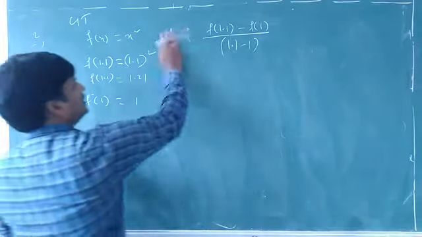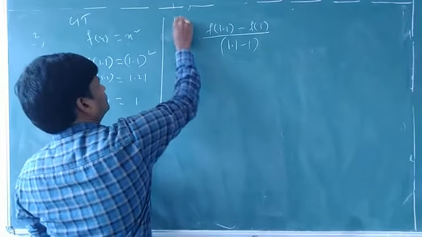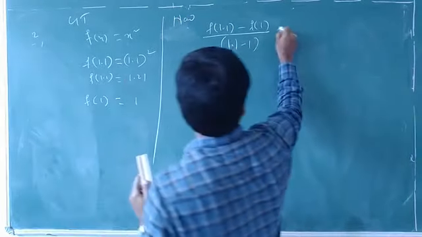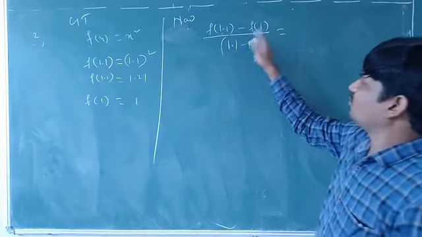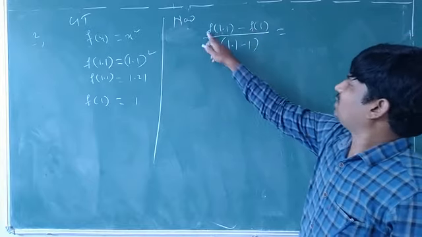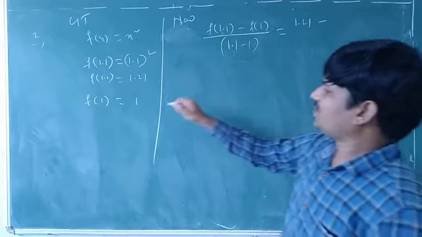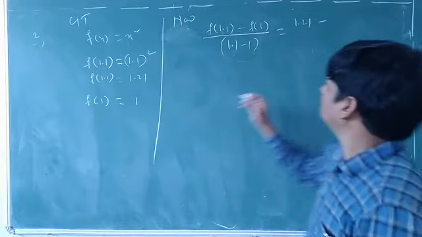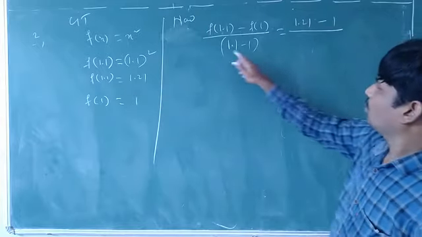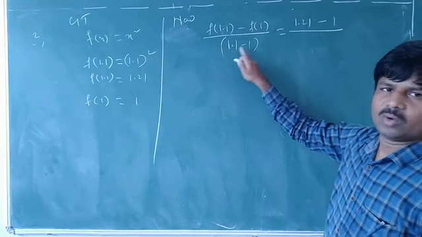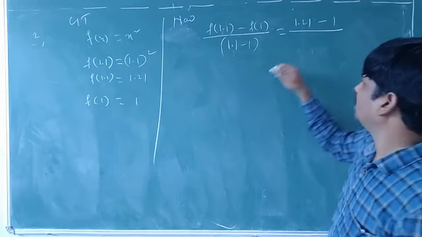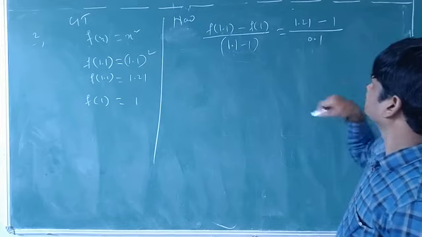Now, substitute here. f of 1.1 minus f of 1 by 1.1 minus 1. f of 1.1 value is 1.21, minus f of 1 value 1, by 1.1 minus 1, which is 0.1.